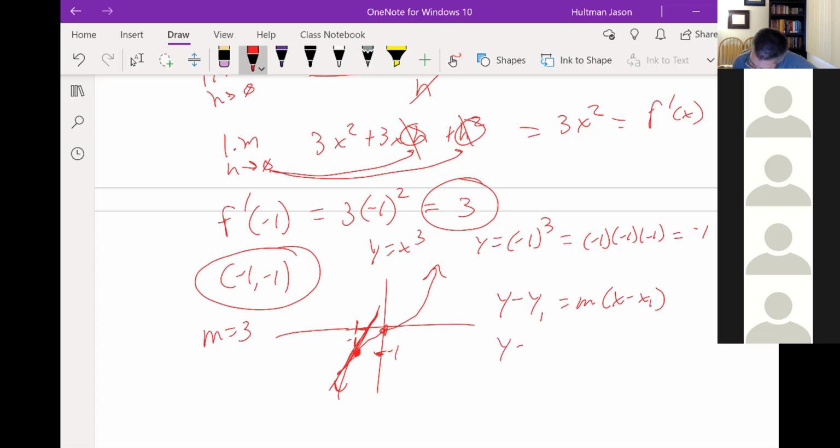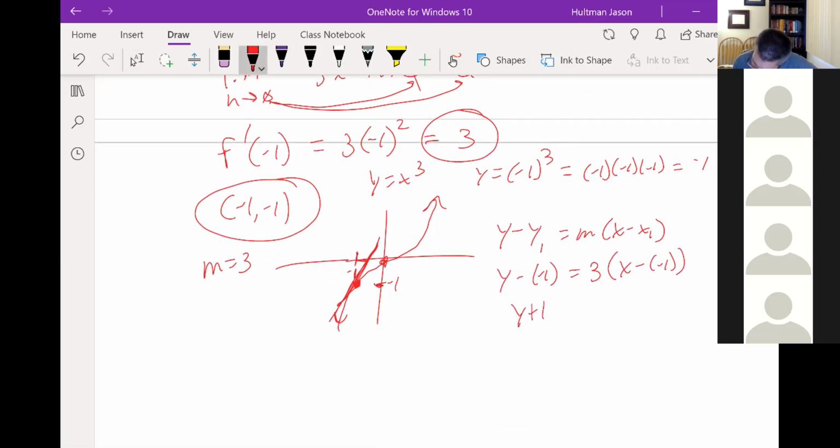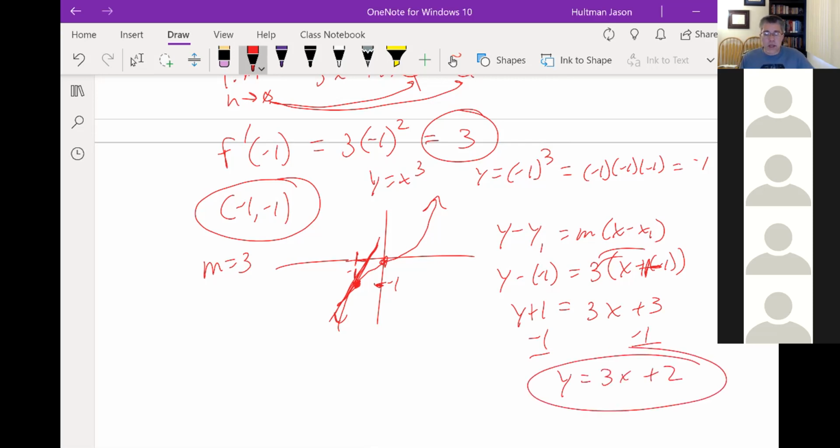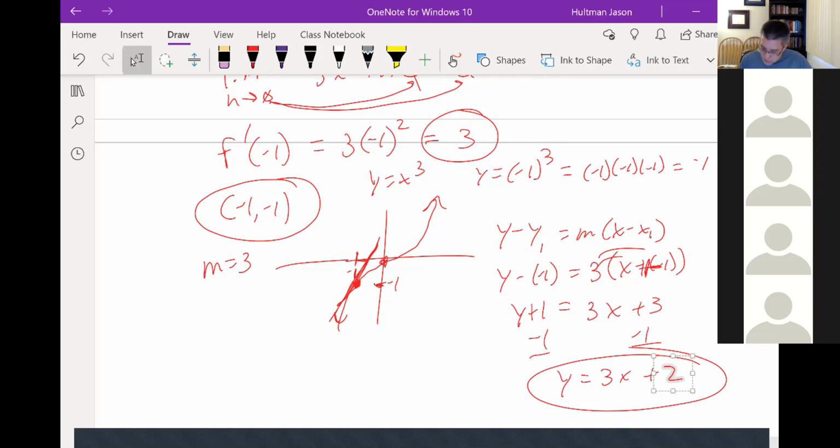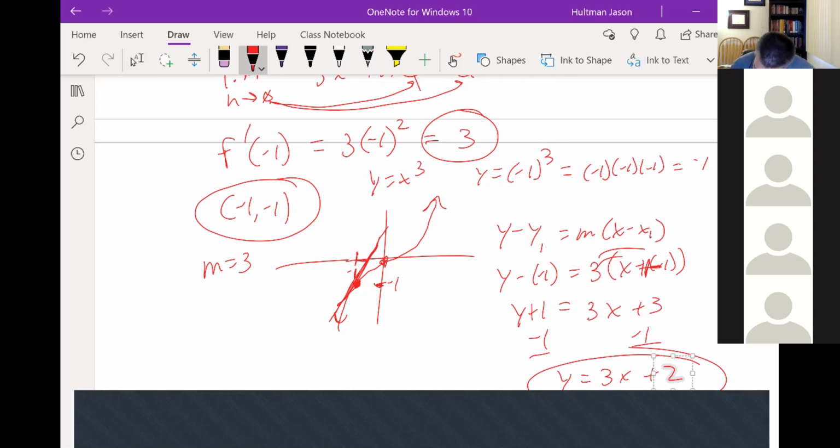So this is y minus -1 is equal to 3 times x minus -1. So this becomes y plus 1 equals 3x plus 3, and then we subtract 1. And we get y equals 3x plus 2, which is exactly the equation of the line that we had in Desmos, right? So this goes through a y-intercept of 2.